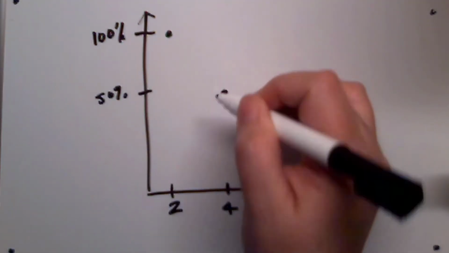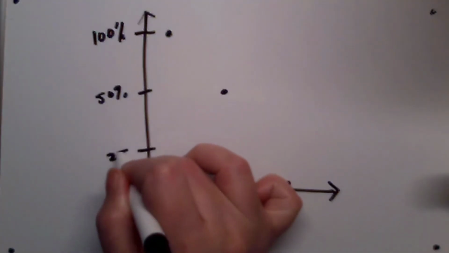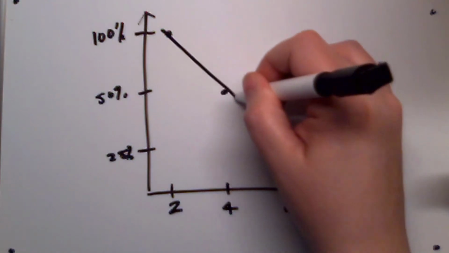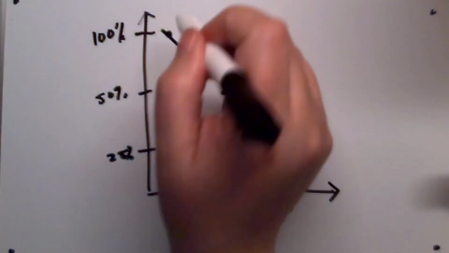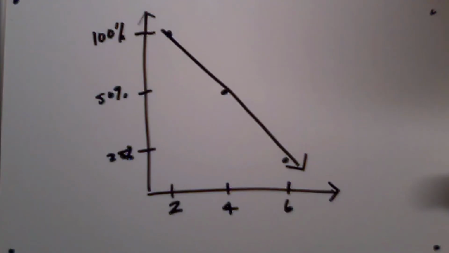Got a really bad battery. And at 6 hours, maybe I'm down to 25%. Again, you can see that we can graph these variables together, and these create a different pattern. They're going to start in this upper left-hand corner and work their way down to the lower right-hand corner. That is inversely related graphing.